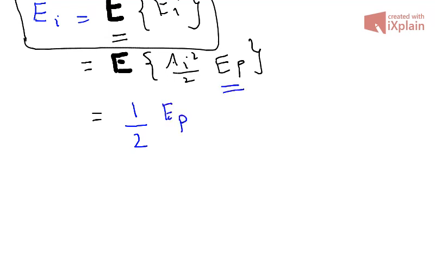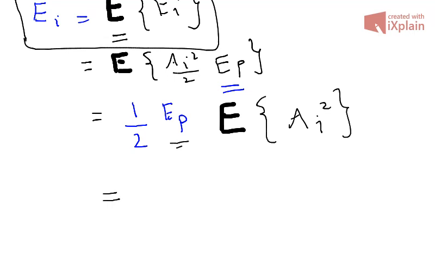It's a constant, so it comes outside the expectation, and then you have the expected value of A_i squared, because this A_i changes for different symbols. So whatever the symbols, you have to find out these. Each will have a different A_i. E_p is constant for each symbol.